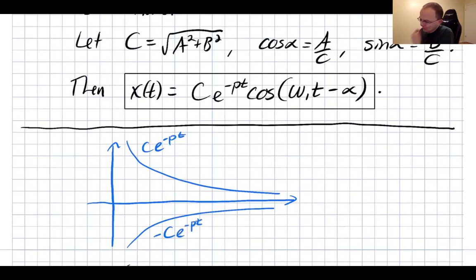Then our oscillations will sort of be going between these two. So it'll be like this. Let's do that again. Okay. So you see we're getting some oscillations, but gradually the amplitude of the oscillations is going to 0. So eventually we're going to settle down.